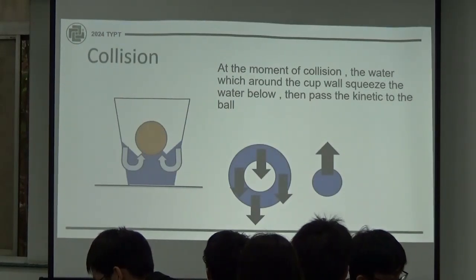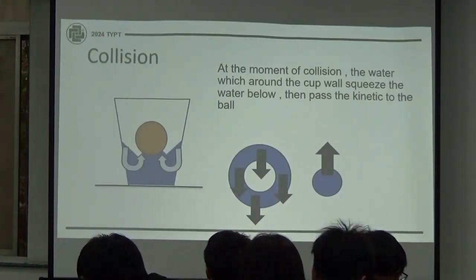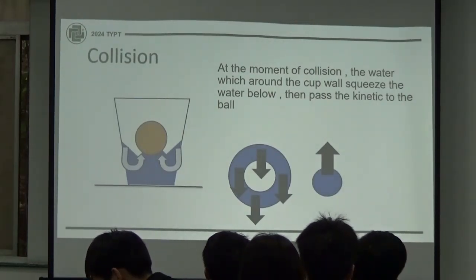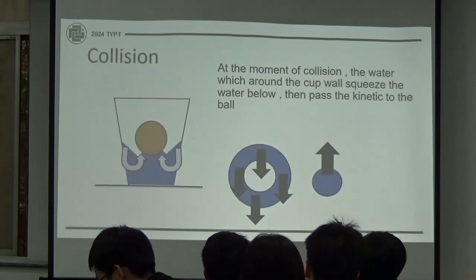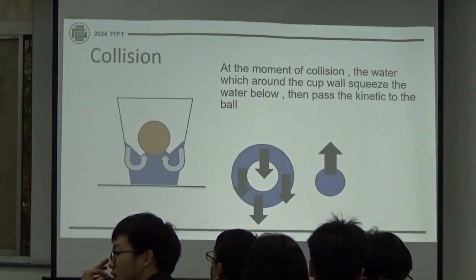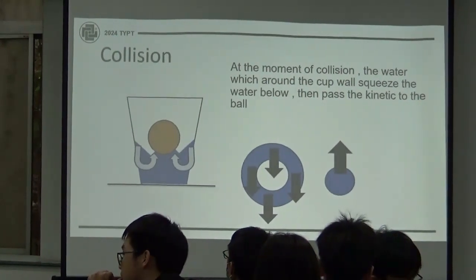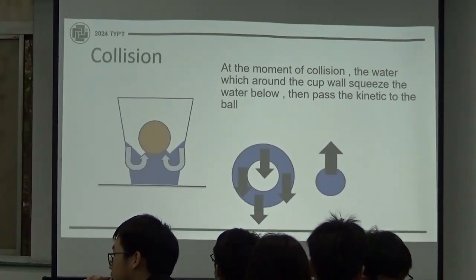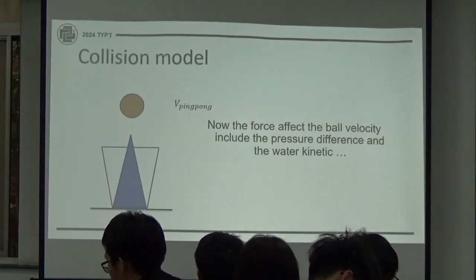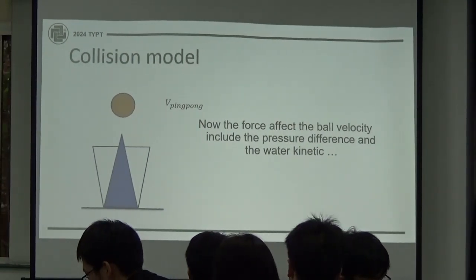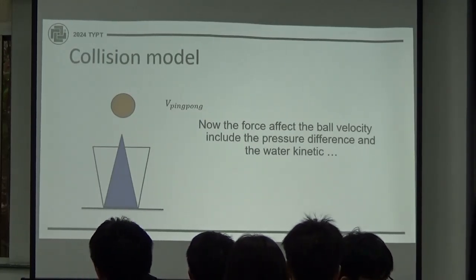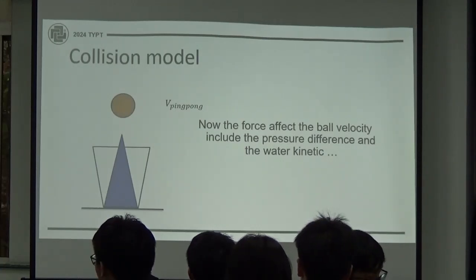And at the moment of collision, the water around the cup will squeeze the water below and pass the momentum to the ball, and cause the water jet to push the ball. So there are many forces affecting the ball velocity, including the pressure difference.